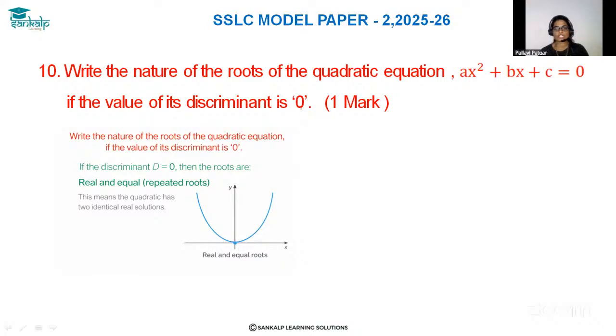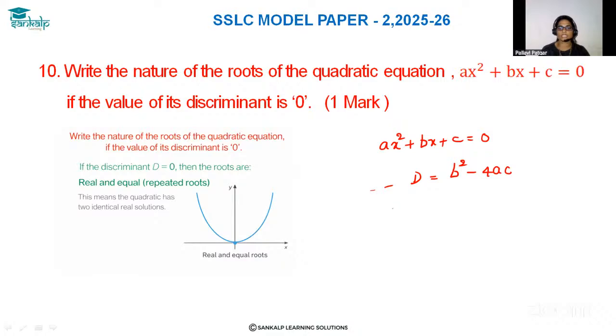Okay, so here the nature of the roots of a quadratic equation ax square plus bx plus c is equal to 0 is determined by its discriminant D is equal to b square minus 4ac.